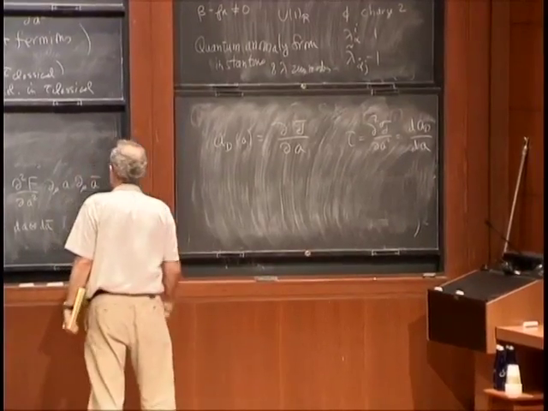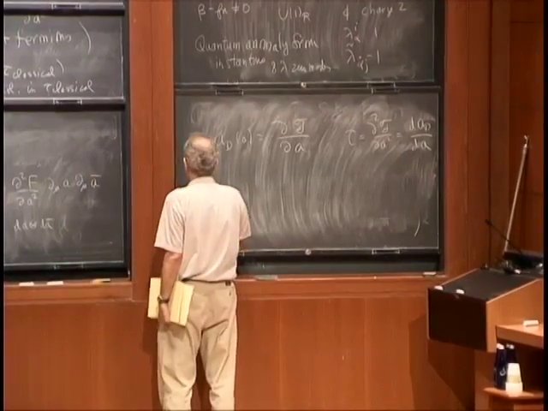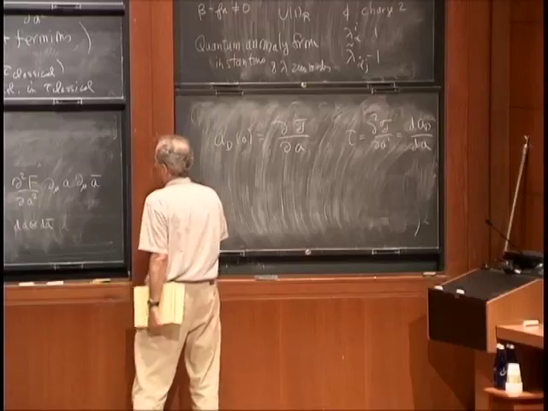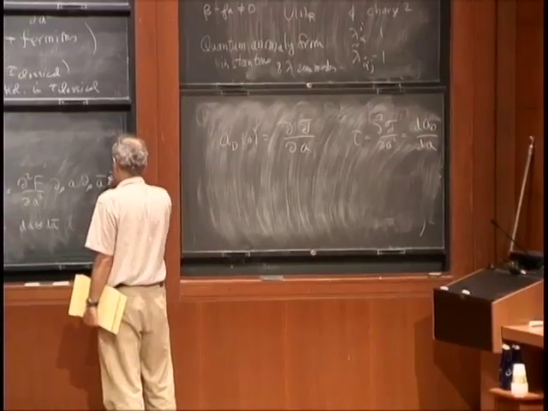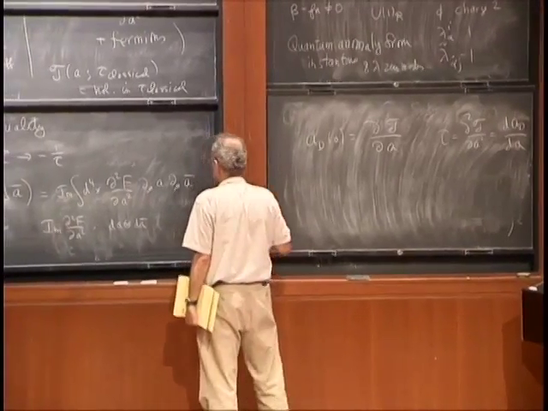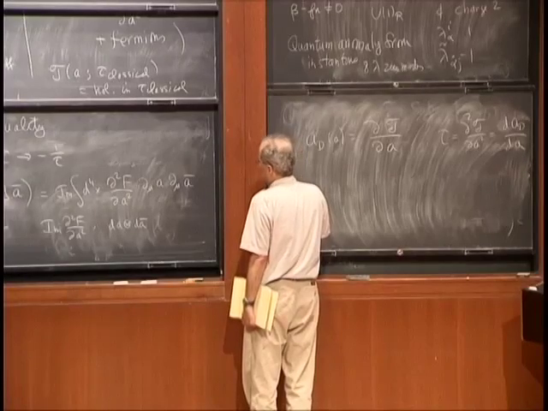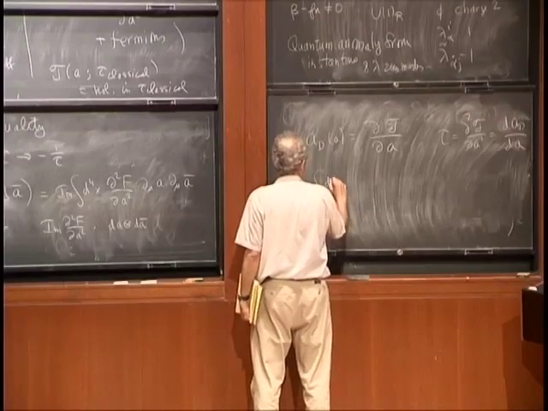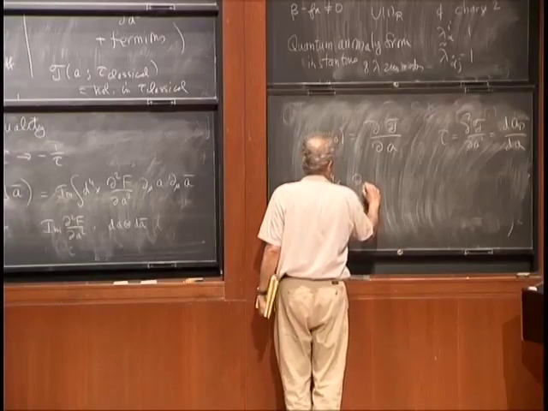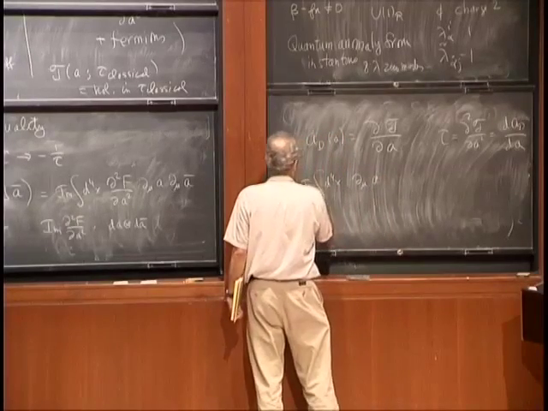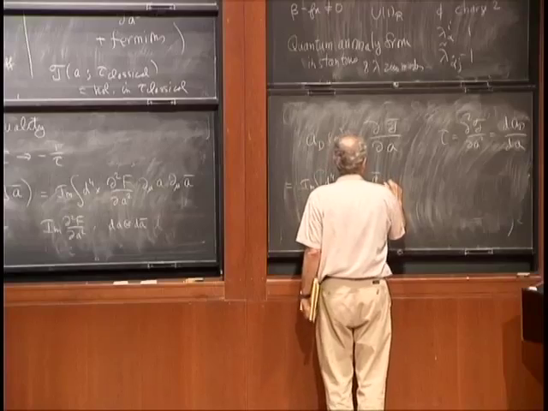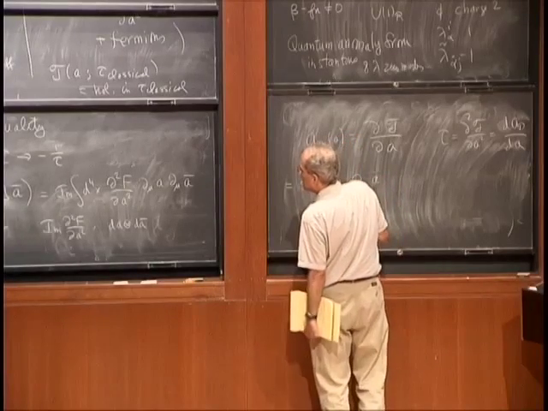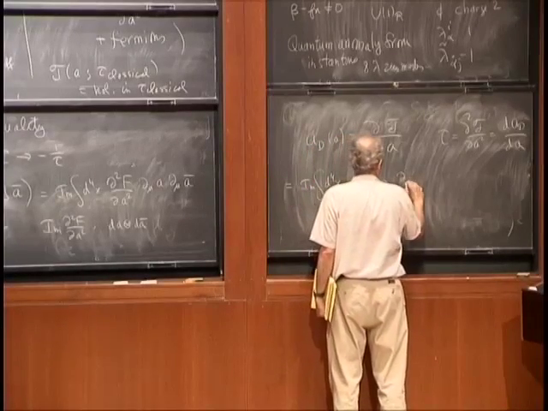But we can also write the kinetic energy in an interesting way. Using the chain rule, you can write it as the imaginary part of d mu A dual times d mu A bar.